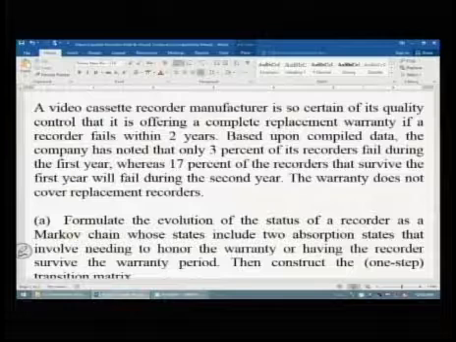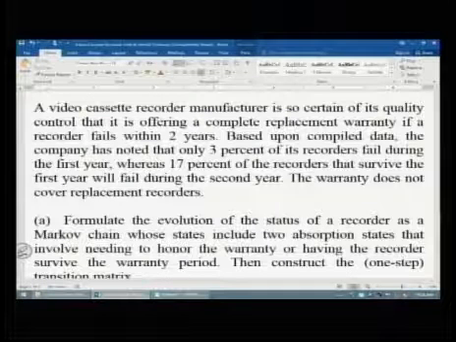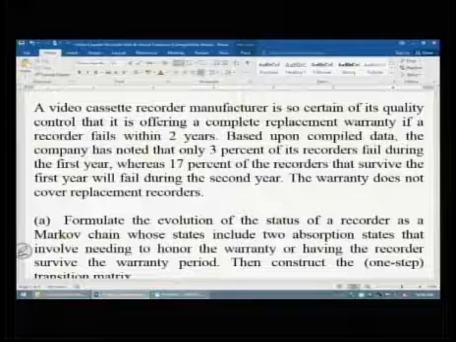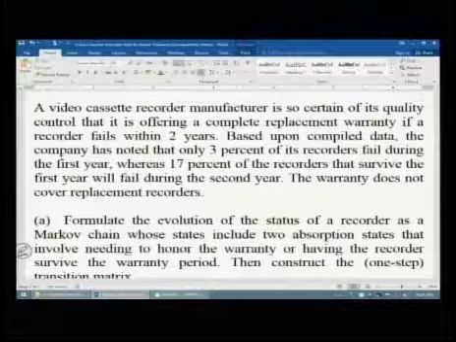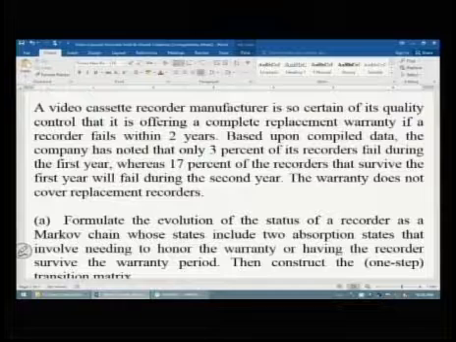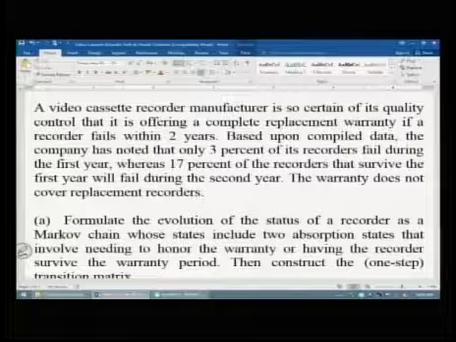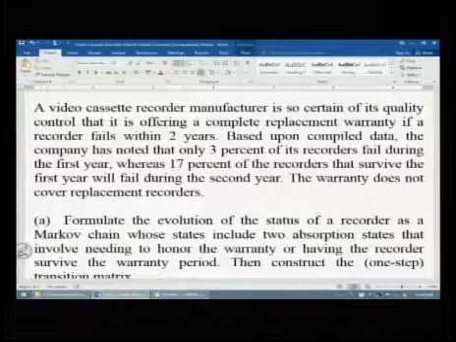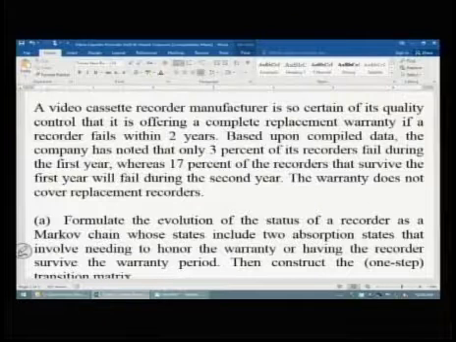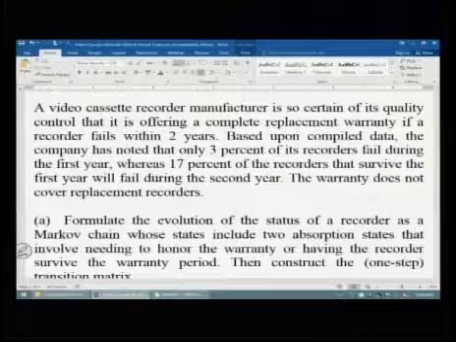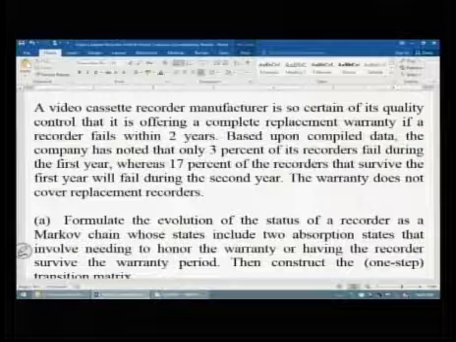Let me distribute this. So please read the problem description and think about how to formulate a Markov chain model for that. This example would be very similar to what you've done just ago.